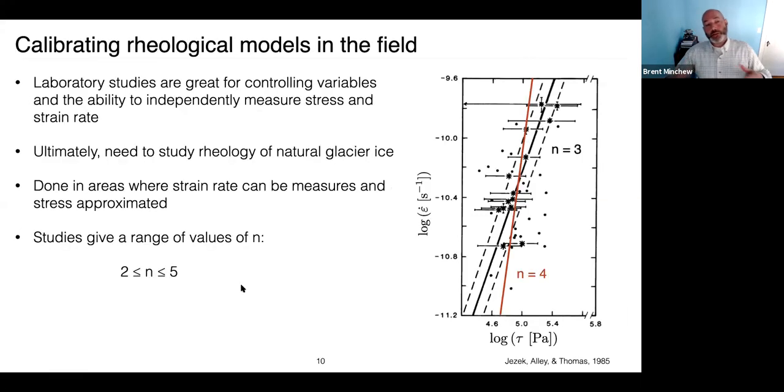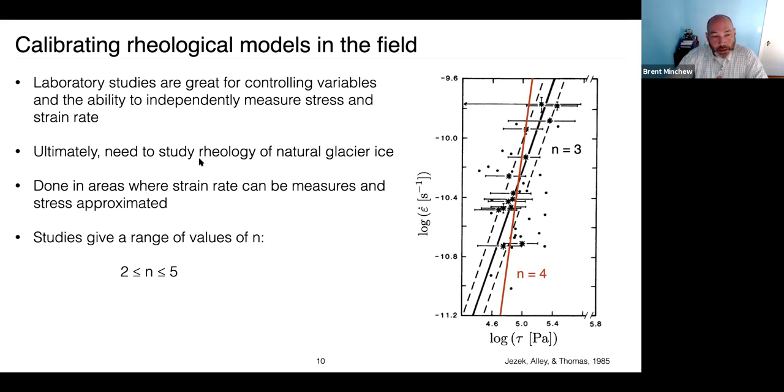So all these things are great, and laboratory studies, of course, are great for controlling different variables, giving us the ability to independently measure stresses and strain rates. But natural glacier ice can have larger grains, and it can have impurities, it can have bubbles, and so on and so forth, things that can't obviously be reproduced in the laboratory.